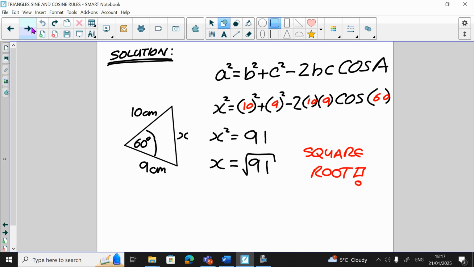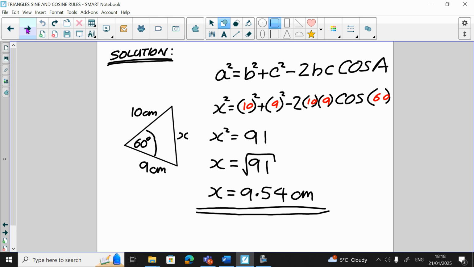I haven't stated anything about decimal places, so you just do what you think here. I put 9.54, you can put 9.5, and some people might have had 9.53 something or other. I'm not exactly sure. Aye, but 9.5393, it doesn't matter.